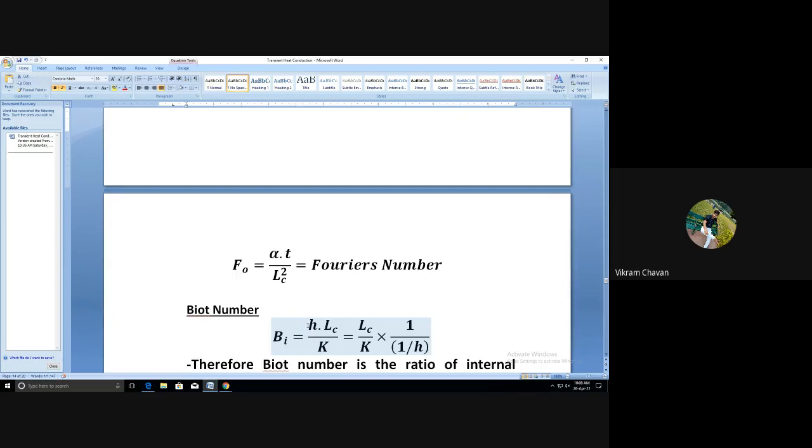Now this equation, h multiplied by Lc divided by k, we can convert into this format: Lc divided by k multiplied by 1 upon 1 divided by h.